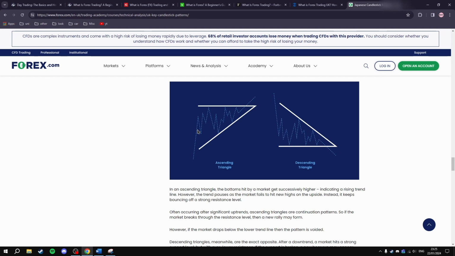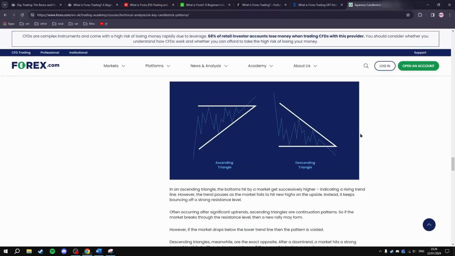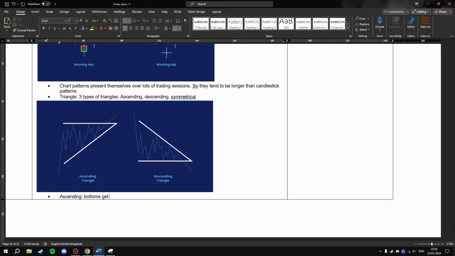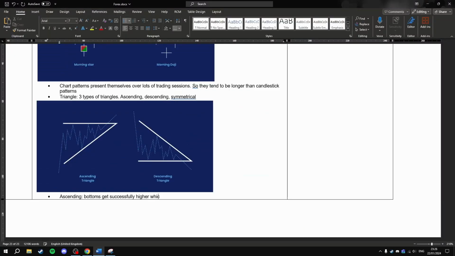Bottoms hit by the market get successively higher, aka the rising of this, and this. Oh no, I guess this. So bottoms get successively higher, which shows a rising trend line.